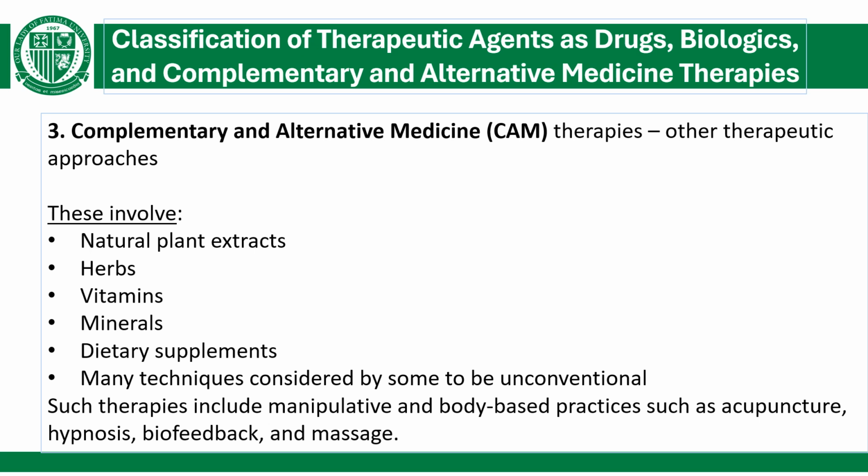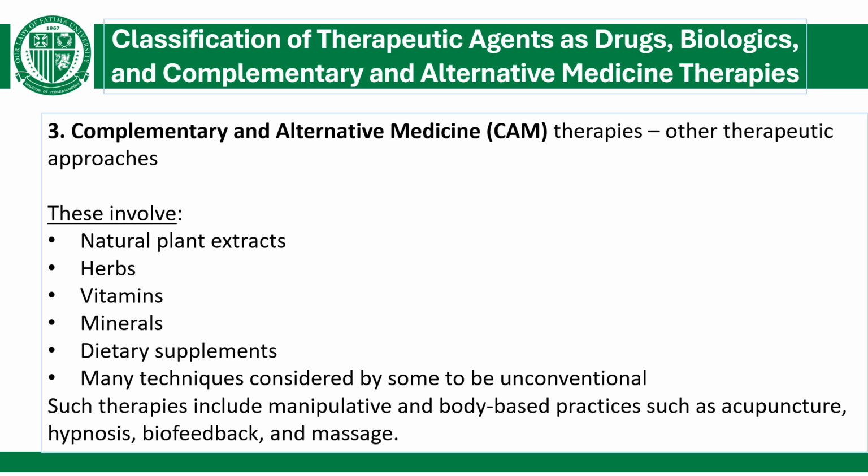Now we have number three, the complementary and alternative medicine therapy. These are not exactly limited to drugs, but include alternative medicine such as plant extracts, powdered forms of herbs, and the vitamins and minerals we consume as manufactured by different therapeutic agencies.